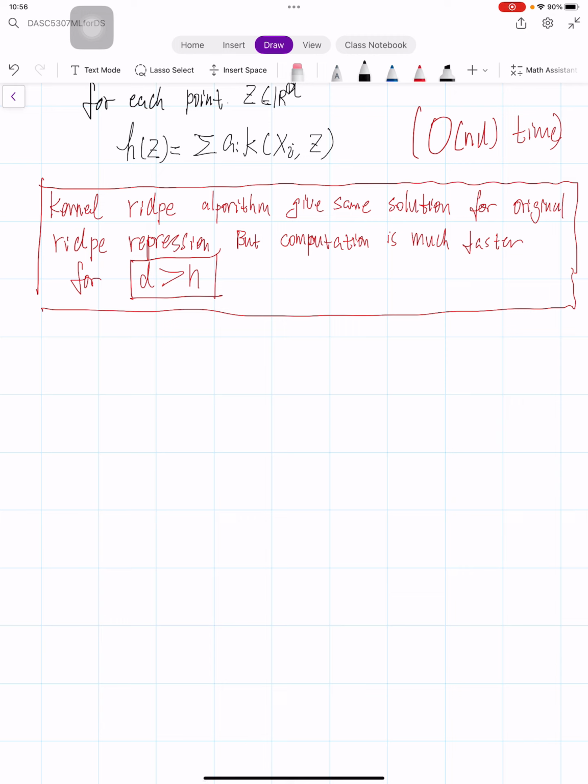Okay, so next I'm gonna give you a magic part, the kernel trick. So there is a theorem. If x and z are two vectors of the d dimension, then we can rewrite this x transpose z.